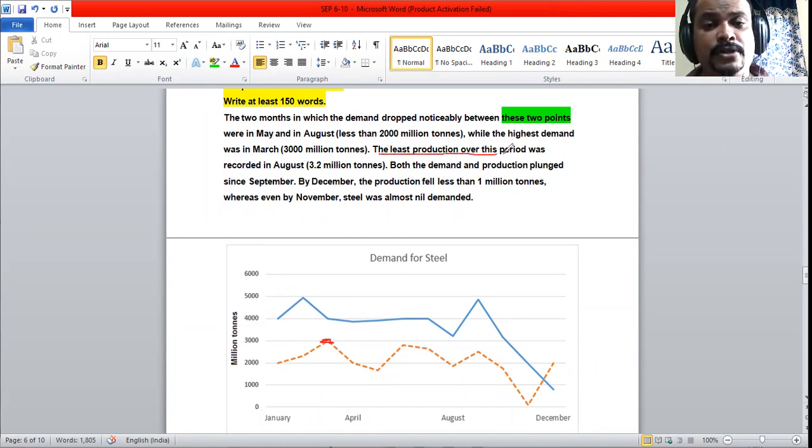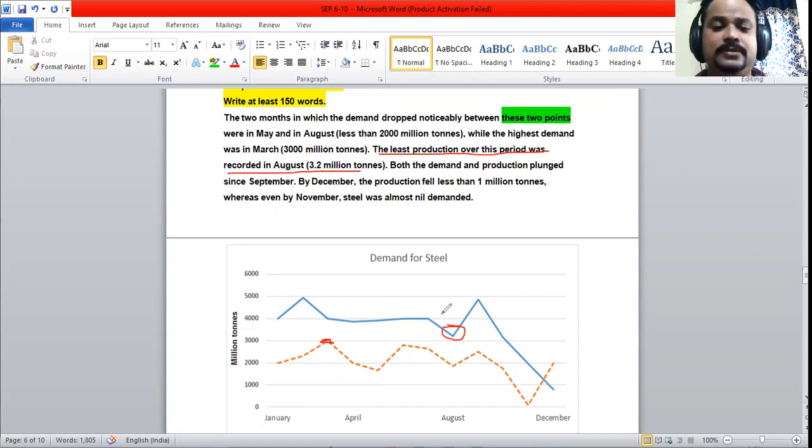The least production over this period was recorded in August. So we can say over this period, the least production was 3.2 million tons. So this is something I just have to question here. What is the significance of this? If I am not going with that, still I can survive. So this particular data is not a mandatory thing.